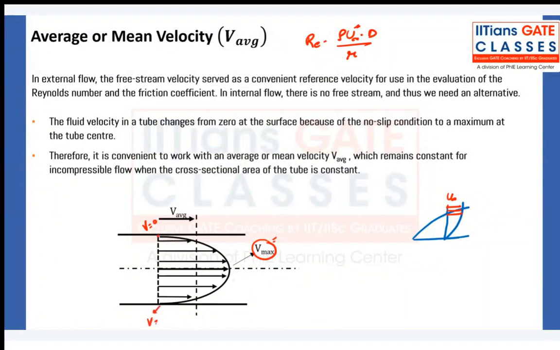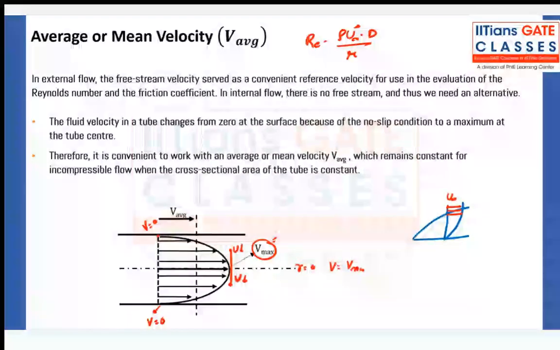Here v is decreasing, and here also v is decreasing. At r equals 0, we have reached v equals v max. So it is continuously changing in the pipe. We do not have any reference value to take, and therefore we need to calculate the average velocity.